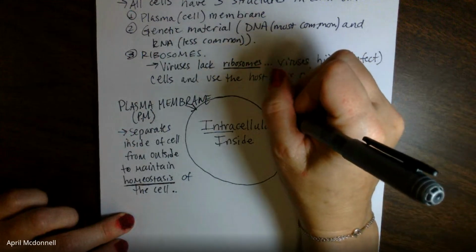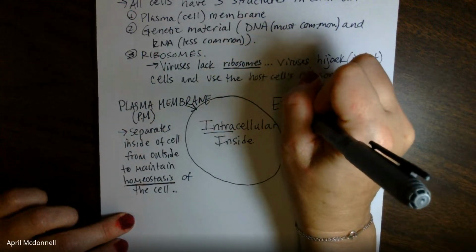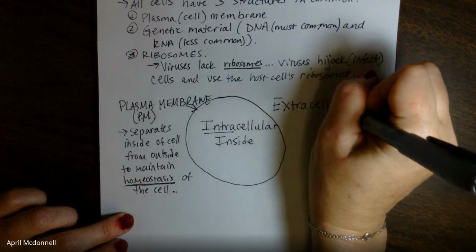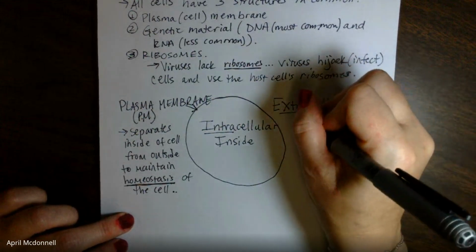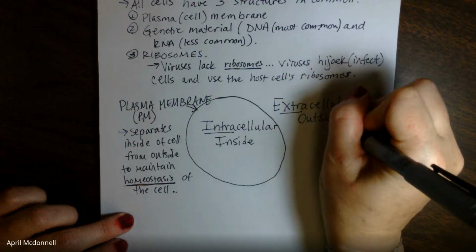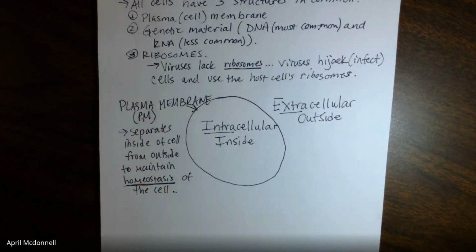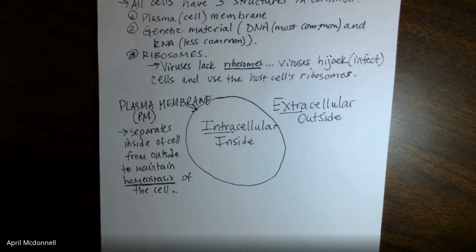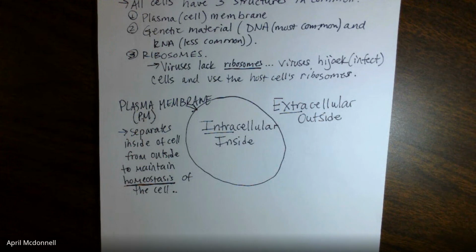The outside of the cell is what we call extracellular. And extra means outside. Therefore, the plasma membrane forms a lining that separates the intracellular environment from the extracellular environment.